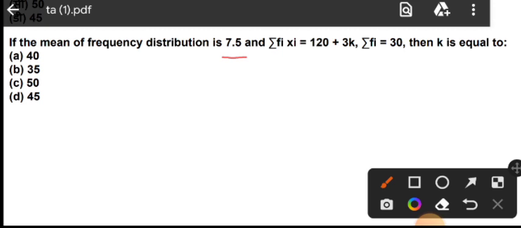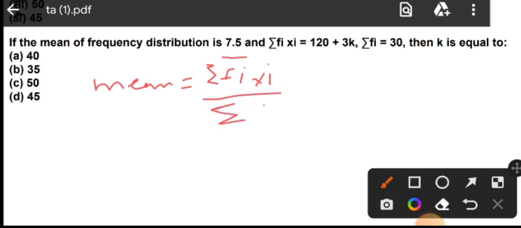So we know the formula of mean: mean is equal to sigma fixi by sigma fi. We can see that the mean value is given as 7.5, so we put 7.5 in the place of mean.